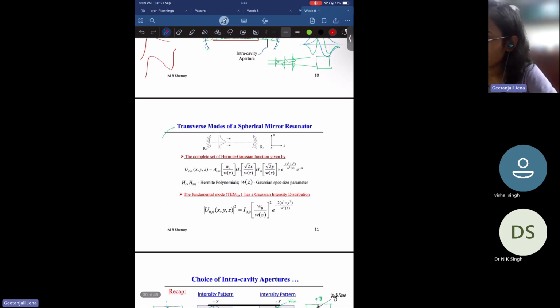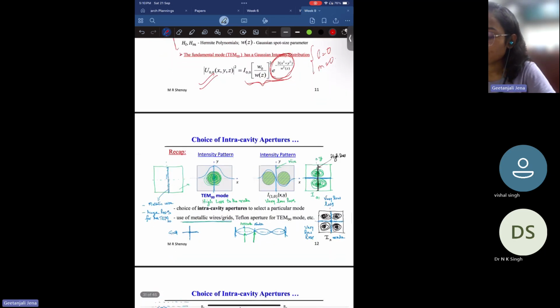This we have already seen earlier. These are the allowed solutions, which are the Hermite Gaussian functions given by this expression. And for the fundamental mode, L equal to 0, M equal to 0, we found the intensity will be given by this expression, which is a Gaussian pattern because of this factor.